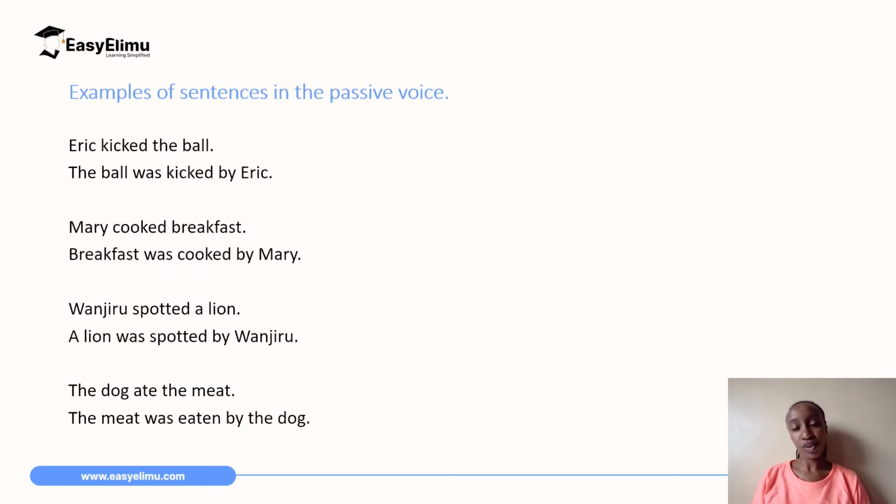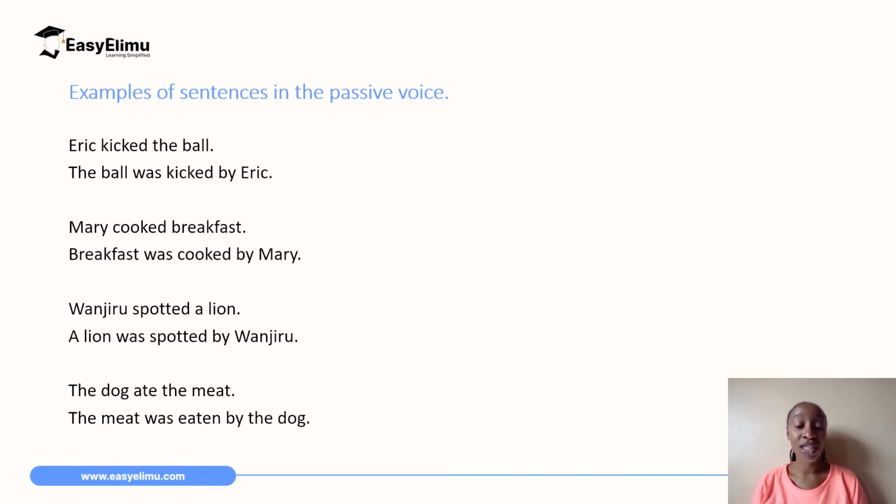So we are going to look at a few examples, and these sentences are in the active voice and then they have now been converted to the passive voice. The first one is Eric kicked the ball. We are still using the same examples. Eric kicked the ball. When we now convert this sentence to the passive voice, it becomes the ball was kicked by Eric.